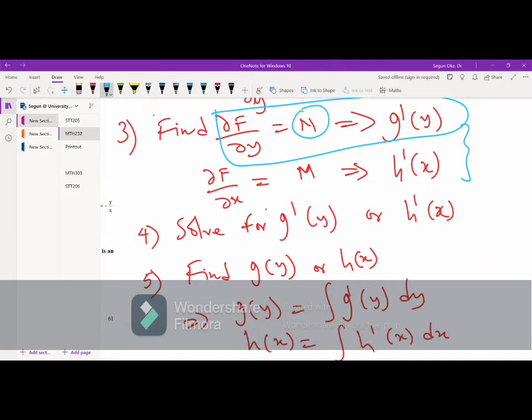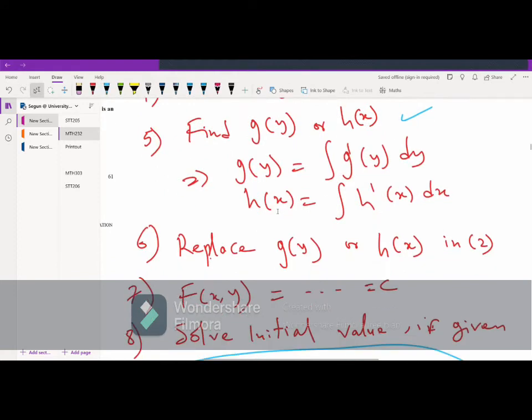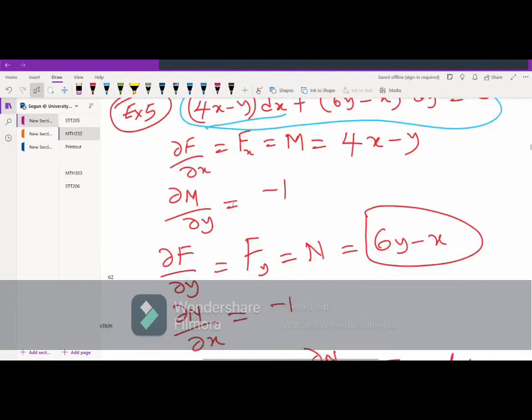Then we solve for our g prime by integrating both sides. We get our g prime by substituting our M or N back into the equation. Then the next step is to find g of y by integrating both sides. Then you replace. After you replace, you equate it to c, and that's all. That's what we did. Any question?